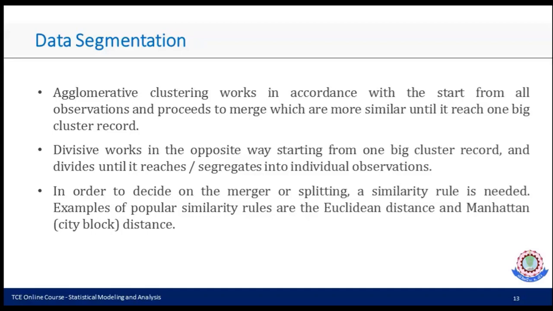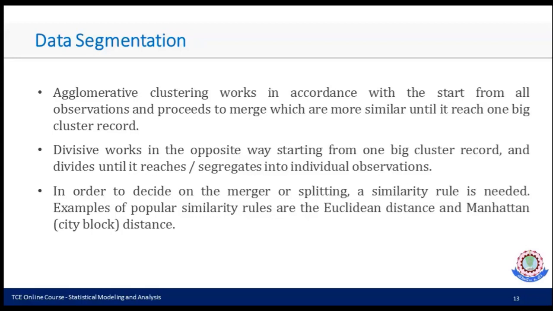Agglomerative works the other way, starting from a set of single individual cluster observations, and it continues to merge the clusters at each stage which are most similar until all the observations form a big cluster. That is a single big cluster at last.